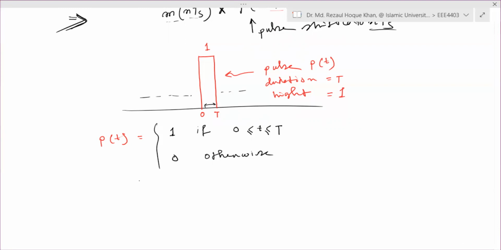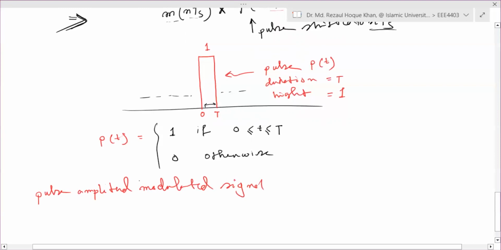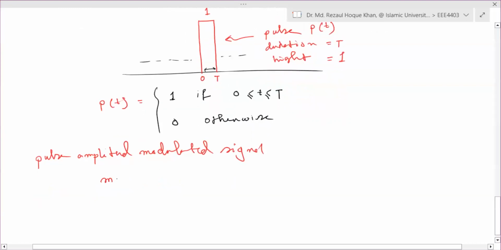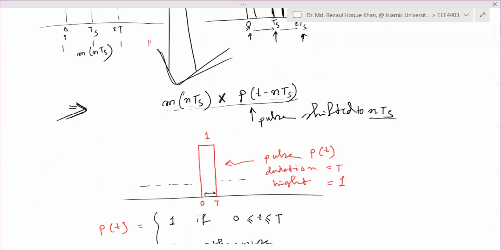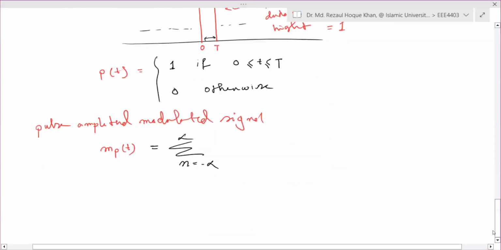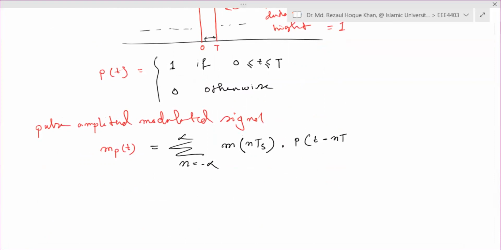The pulse amplitude modulated signal, m_p of t, can be expressed as the sum over n from minus infinity to plus infinity of m of nTs multiplied by the pulse p shifted to nTs.